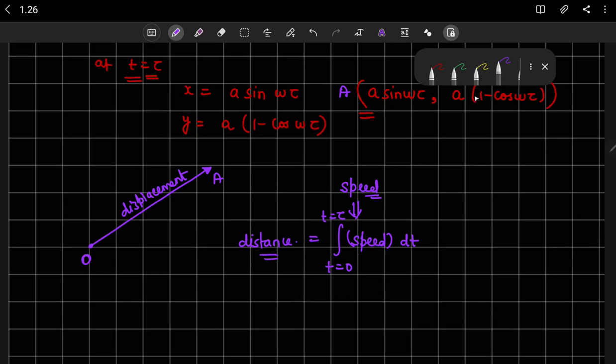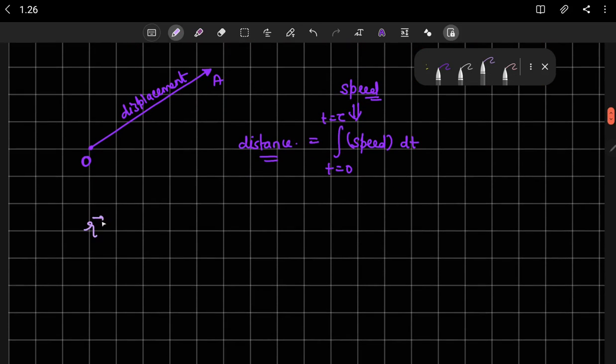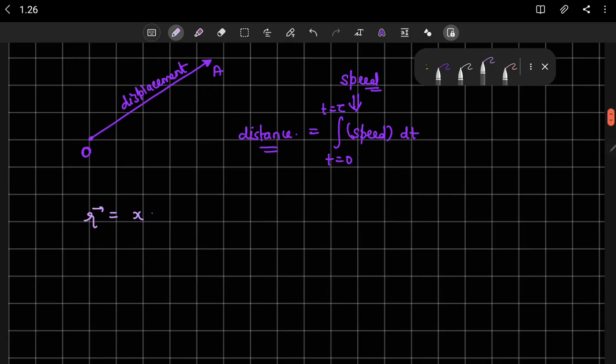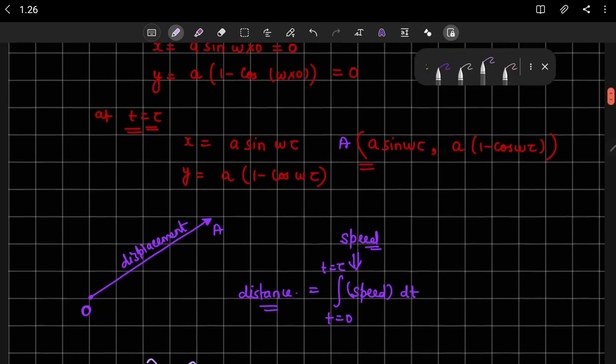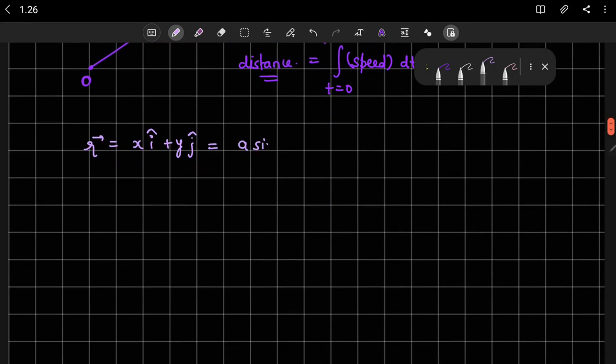Okay, so we have the position vector, let us say r vector is equal to x i cap plus y j cap, that we can write as a sine omega t i cap plus a times 1 minus cos omega t j cap. In order to find the velocity we have to differentiate the position vector with respect to time.